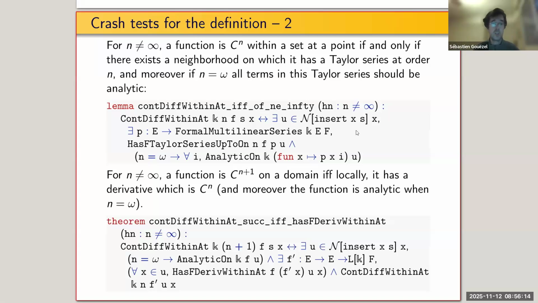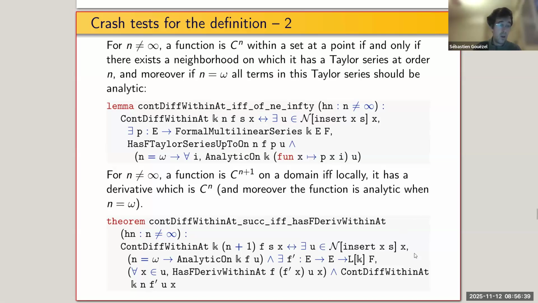Another version, very much related to the previous one, is that the function is Cn plus 1 locally if and only if it has a derivative which is Cn. This requires n to be different from infinity, and if n is equal to omega, the function should also be analytic.